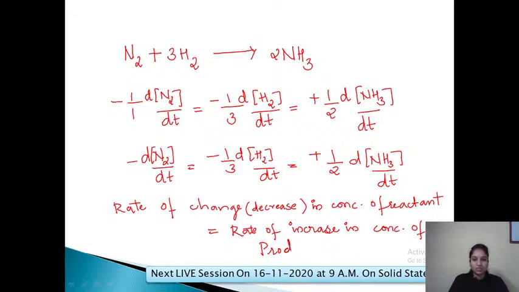That's the meaning, right? Rate of decrease in concentration of the reactant is equal to rate of increase in the concentration of the product. And this is true for all the reactions. So you should be able to just write this type of rate equation.